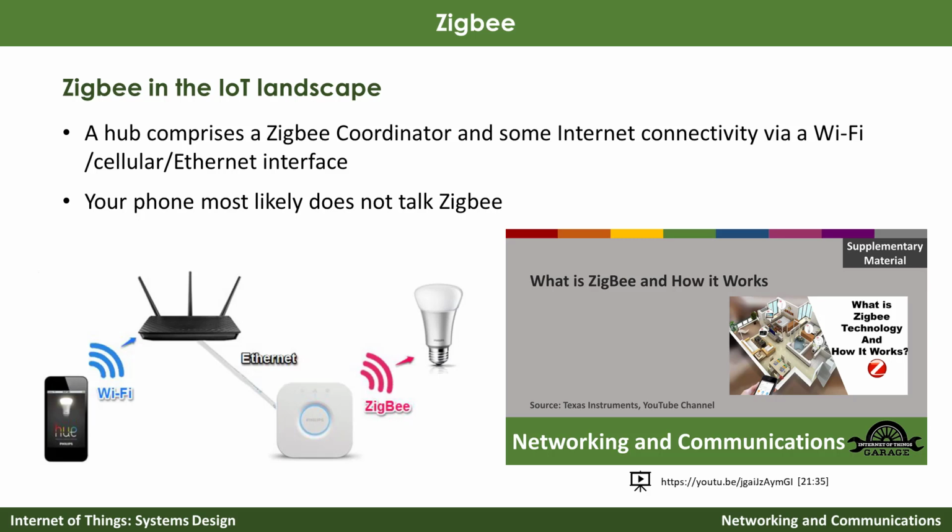One of the key reasons is that the mobile phones we have today are not Zigbee compatible. Therefore, it is difficult for a Zigbee device to communicate directly with a smartphone. That is why we end up using some kind of gateway to do the translation. To better understand how Zigbee works, please go and watch the video I have put here.